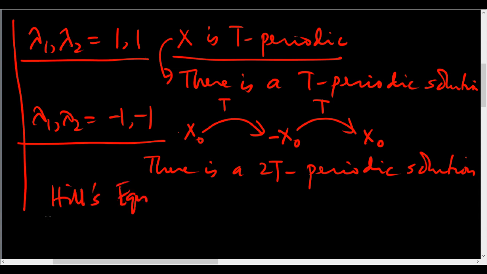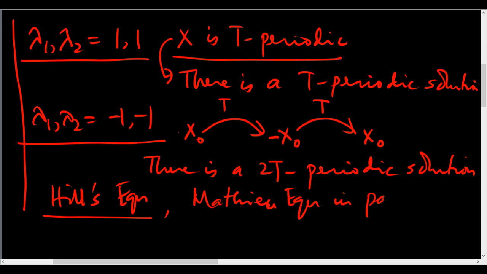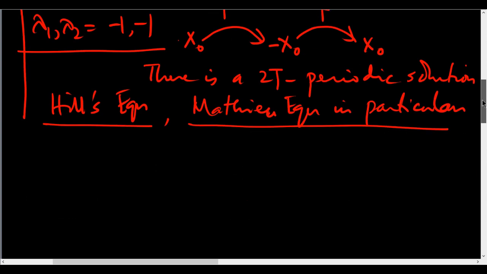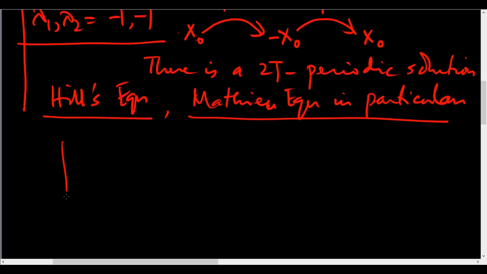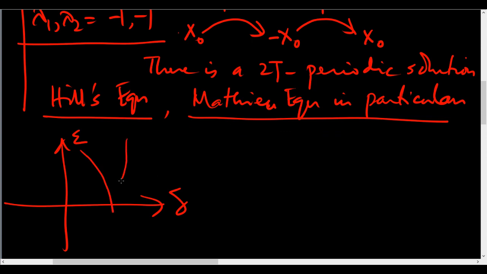in general, Mathieu equation in particular. And so something interesting has happened, which is that on the delta and epsilon plane, if we want a stability boundary, let us say it is unstable here, stable here, stable here. We are used to this idea, right?